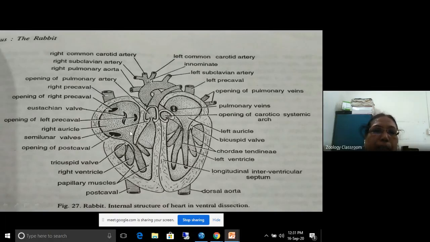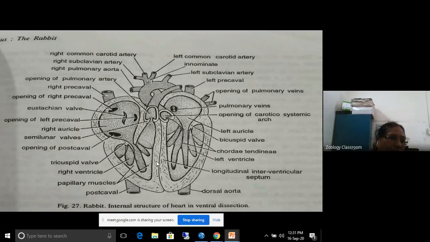Then similarly the auriculoventricular aperture is present. On this side is the tricuspid valve, and on this side the bicuspid valve. Then chordae tendineae and papillary muscles are also similar to the bird, and between the ventricles there is a partition, the interventricular septum. Then there is also the coronary sinus.